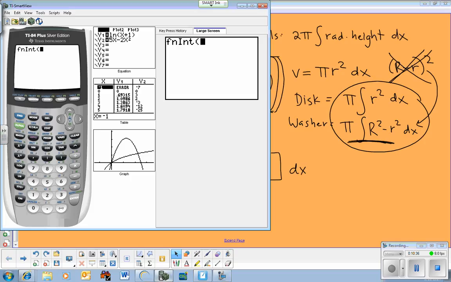So my function, I need parentheses for the first thing that's getting squared: 5x minus 2x squared plus 1, quantity squared, minus for the little radius. The little radius, that was the natural log, and that starts its own parentheses, so I do x plus 1 to close out the natural log, plus 1 to finish off the radius, close the second thing squared and square it. So that's my function.